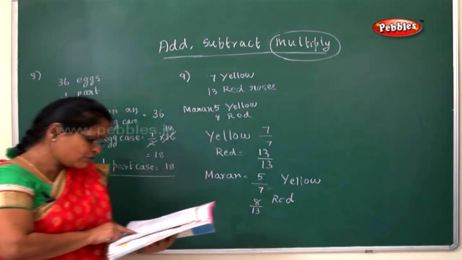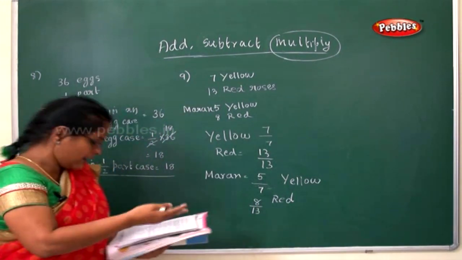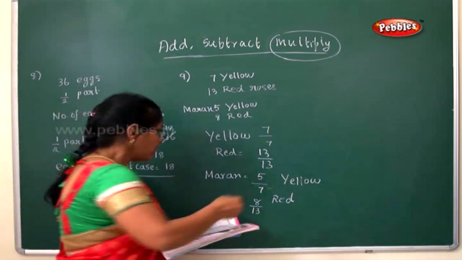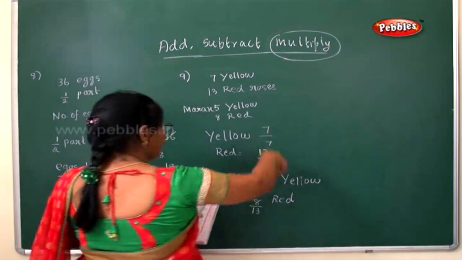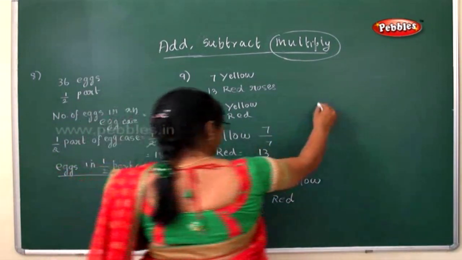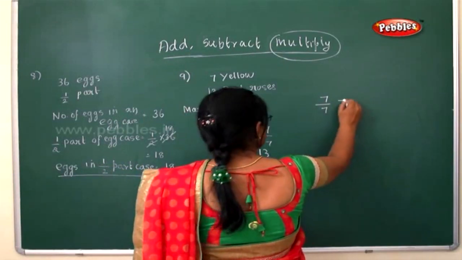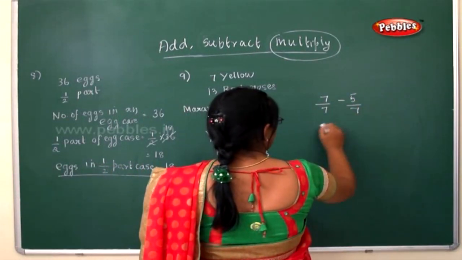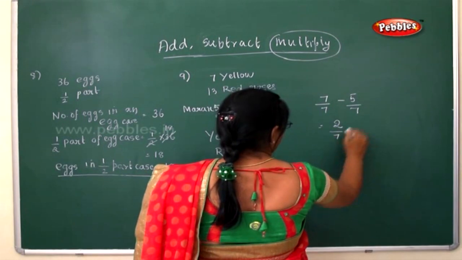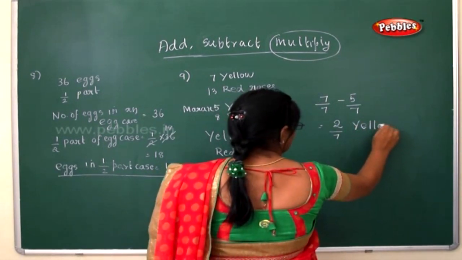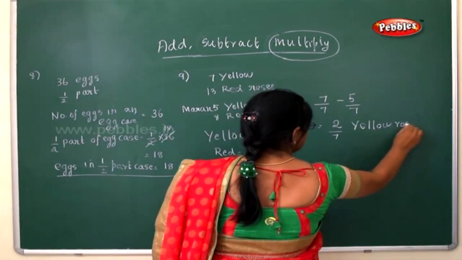Now the question is, you have to find out the fraction left out also. The left out yellow roses are how much? It is 7 by 7 minus 5 by 7. It is 2 by 7 remaining in yellow roses.